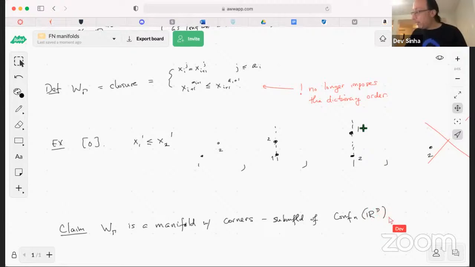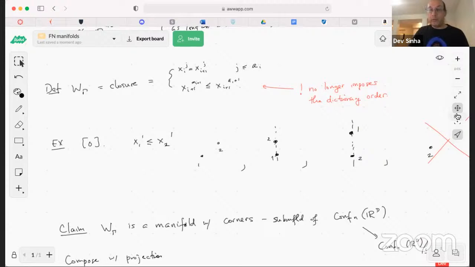And then what we want to do is recompose with the projection from Conf_n(R^D) to Conf_n(R^D) mod S_n.